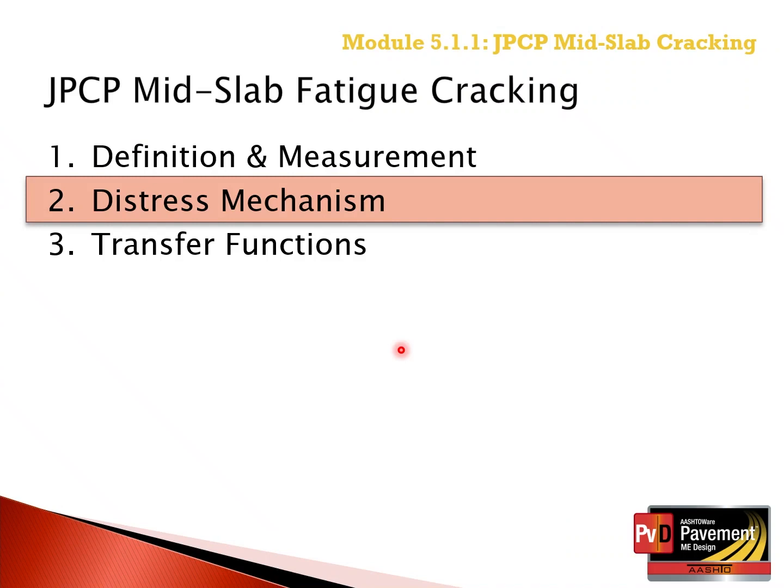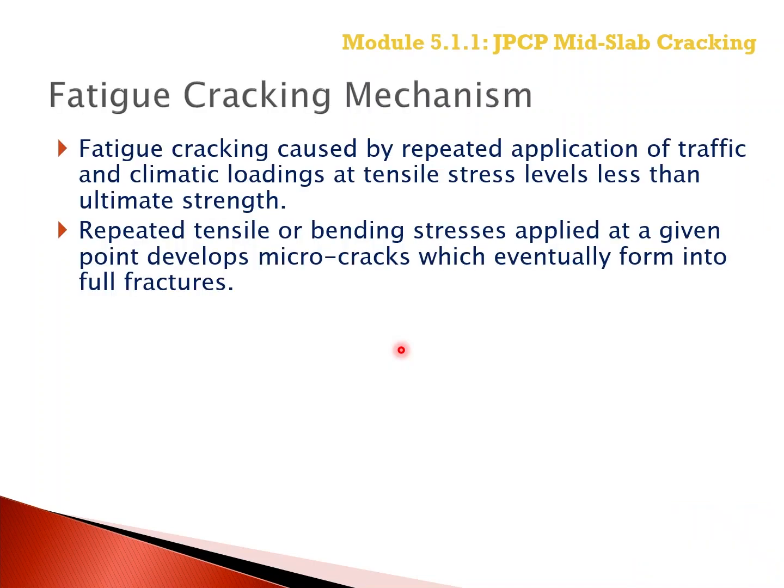Now that we have defined mid-slab fatigue cracking, let's discuss the distress mechanism for predicting mid-slab fatigue cracks of jointed plain concrete pavements. JPCP fatigue cracks are caused by the repeated application of traffic and climatic loadings as tensile stresses less than the ultimate strength of the Portland cement concrete slab mixture.